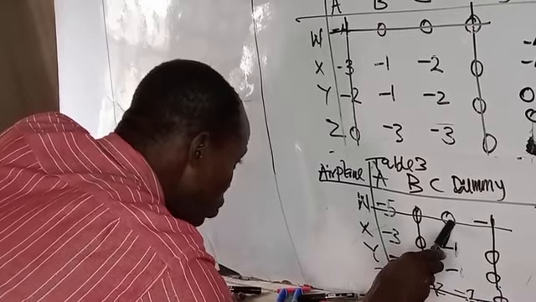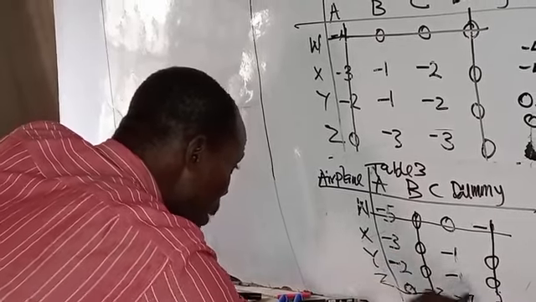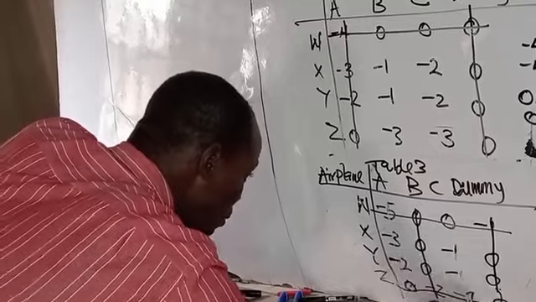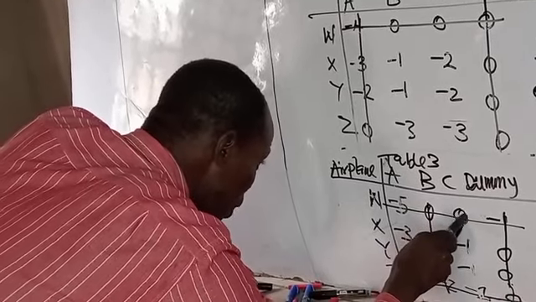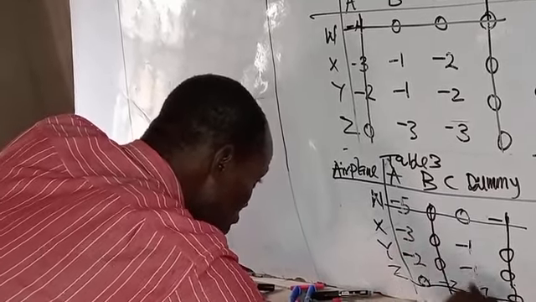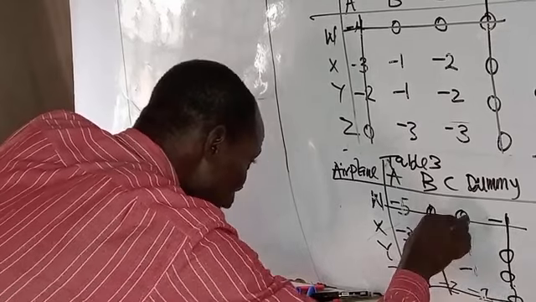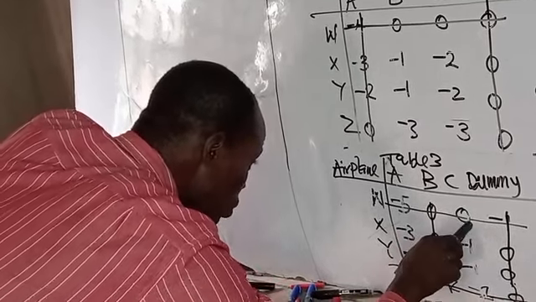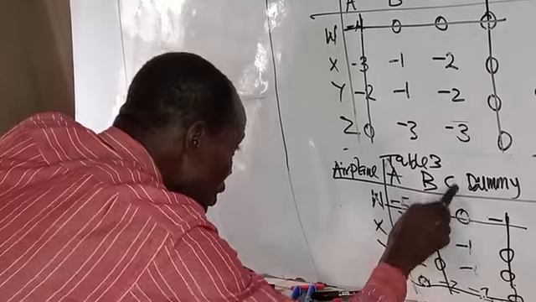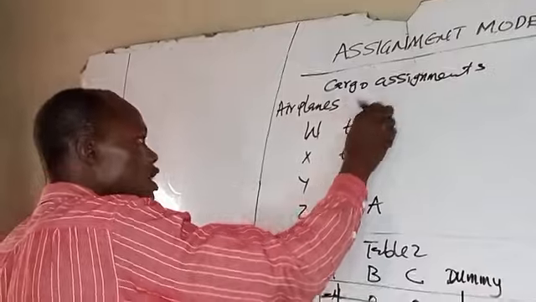W can be assigned to this place or this place, but since no other zeros are in this column, you can only assign W to this, which is C. W will be assigned to C.